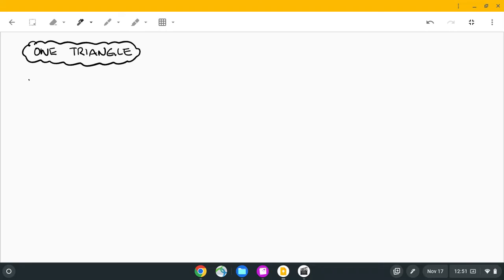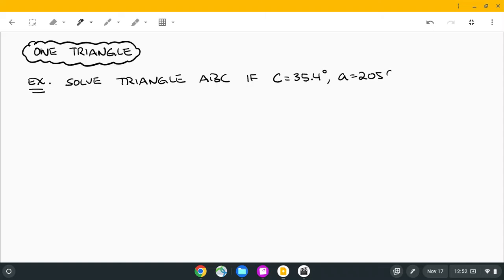Suppose that you have to solve triangle ABC, if C equals 35.4 degrees, a equals 205, and c equals 314.